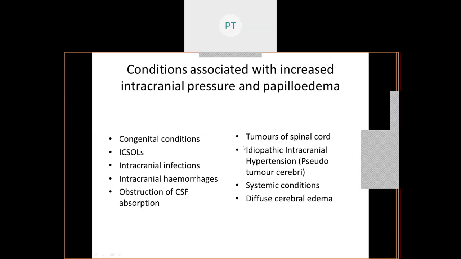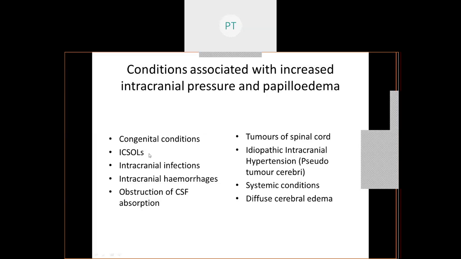The causes of papilledema usually occur secondary to a rise in the intracranial pressure, and this can occur in these conditions. You can have congenital conditions like craniosynostosis or aqueductal stenosis, then intracranial space occupying lesions, which can be brain tumors, abscesses, tuberculomas.